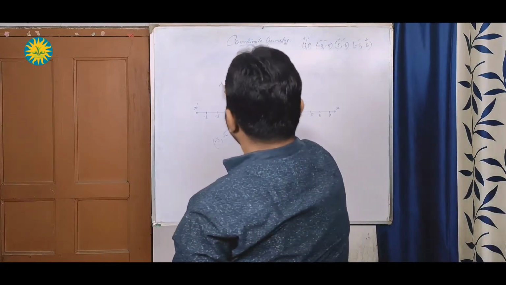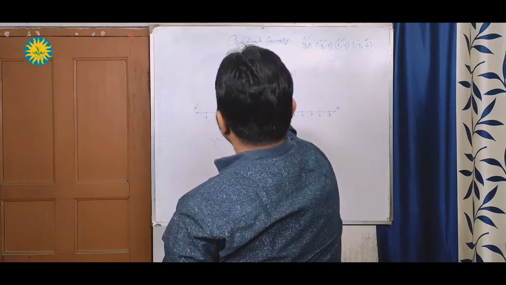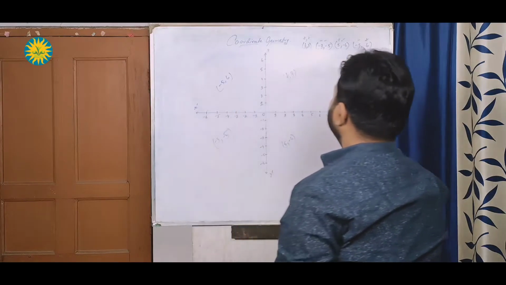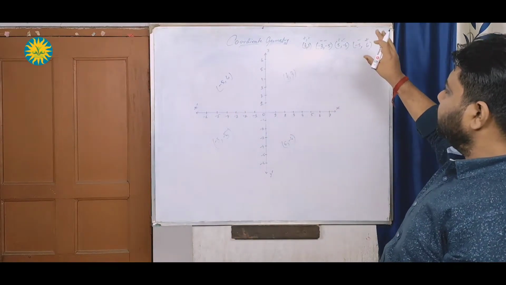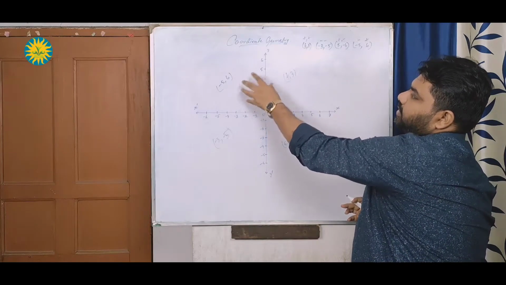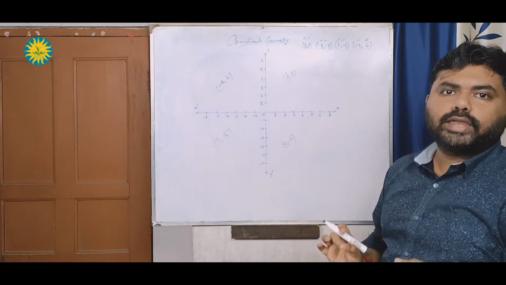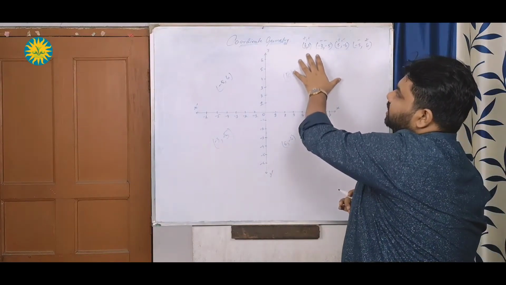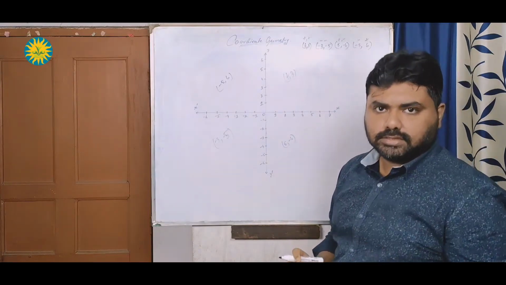So minus 5 comma 6 lies in the second quadrant. So this is how we can easily position or locate the quadrant. We can locate the quadrant just by seeing the sign of the coordinates.